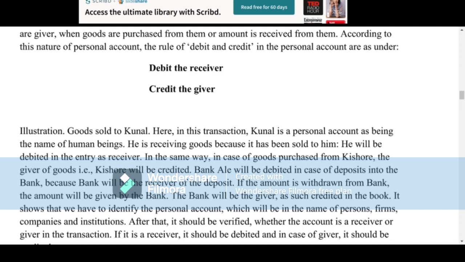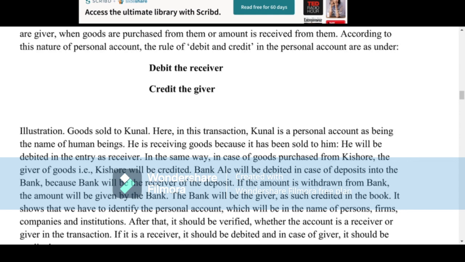In the same way, in case of goods purchased from Kishore, the giver of goods, i.e. Kishore, will be credited. Bank will be debited in case of deposits into the bank, because the bank will be the receiver of the deposit. If the amount is withdrawn from the bank, the amount will be given by the bank. The bank will be giver and as such credited in the books.